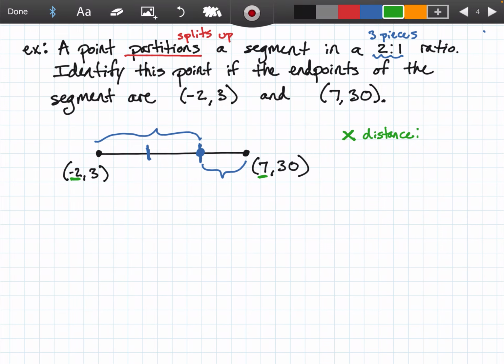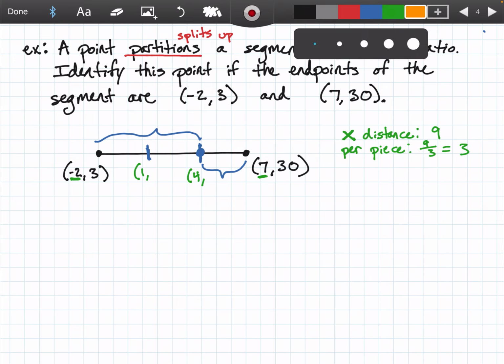From -2 to 7, that's a distance of 9, and I'm splitting up into 3. Which means I can just take that 9 divided by 3. So that means for each of those pieces, my x distance is moving by 3. So -2 plus 3 gets me 1. 1 plus 3 gets me 4. And then 4 plus 3 gets me 7.